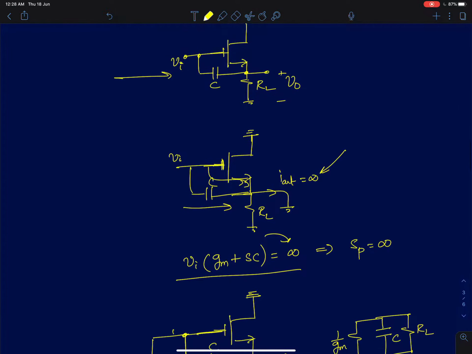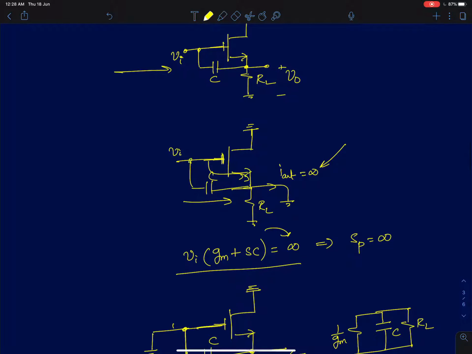That can be intuitively seen here. At infinite frequencies, the capacitor will behave like a short circuit. So from the input there is a direct short circuit to the output, and so the current drawn will become infinity. The current flowing through the capacitor will be infinity at infinite frequency. Therefore, I out will also be infinity. So there is no finite pole. Using this condition, we didn't get a finite pole.